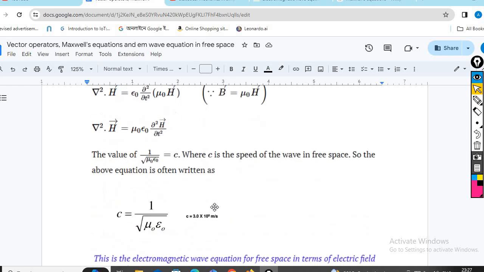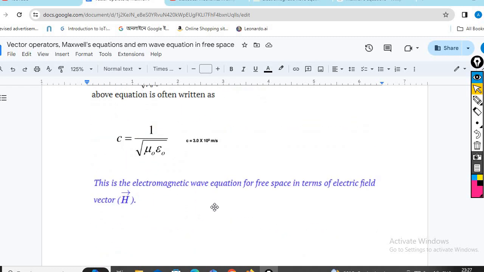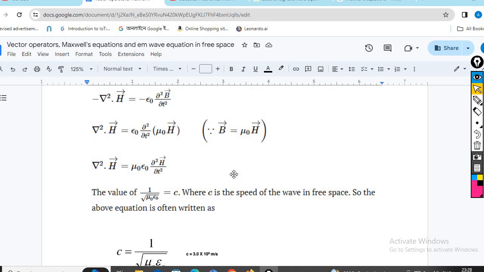So it is observed that the electric field vector and the magnetic field vector both give us a wave-like system, and their velocities are equal to the light velocity. From that, Maxwell was able to conclude that light is an EM wave, with a fluctuation of electric field and magnetic field.